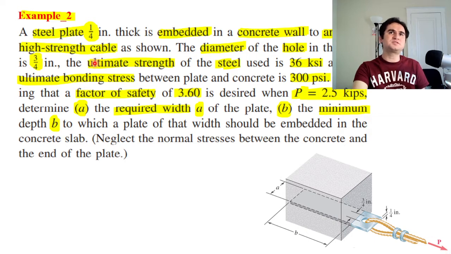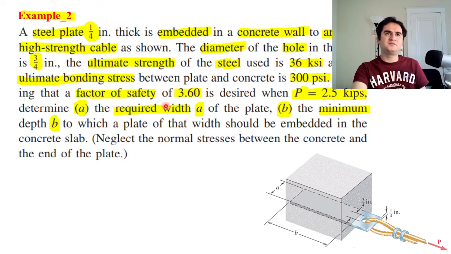The steel plate has an ultimate strength of 36 ksi, and the ultimate bonding stress between the two materials is 300 psi.